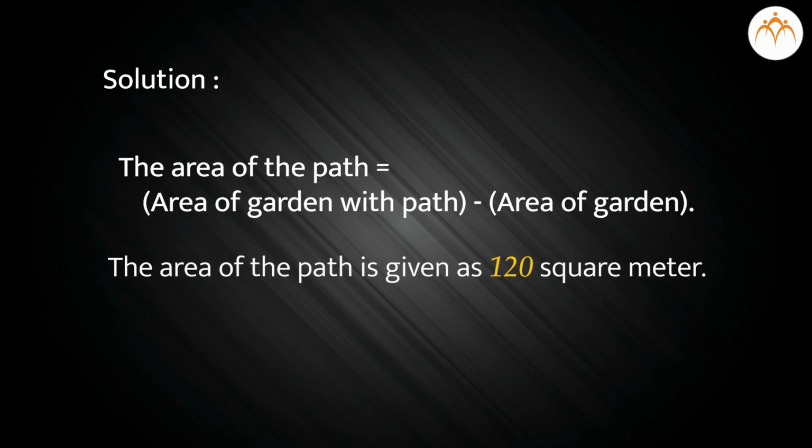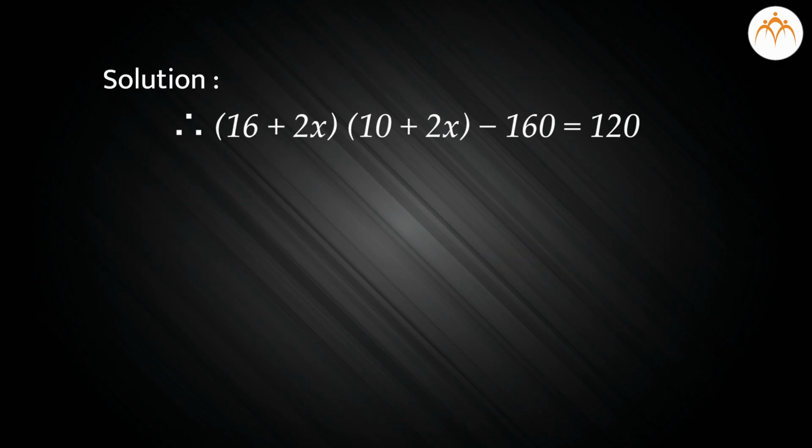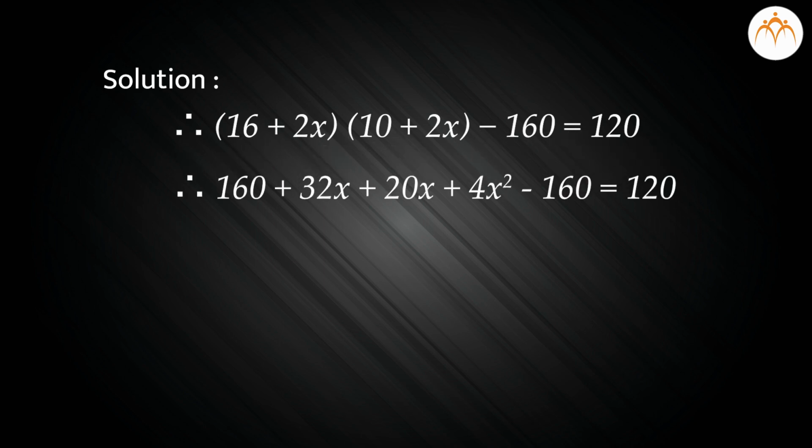The area of the path is given as 120 square meters. Therefore, (16 plus 2x)(10 plus 2x) minus 160 is equal to 120. Therefore, 160 plus 32x plus 20x plus 4x square minus 160 is equal to 120.